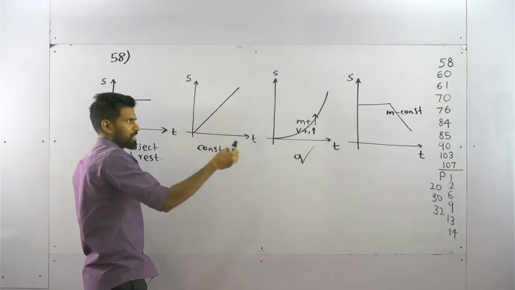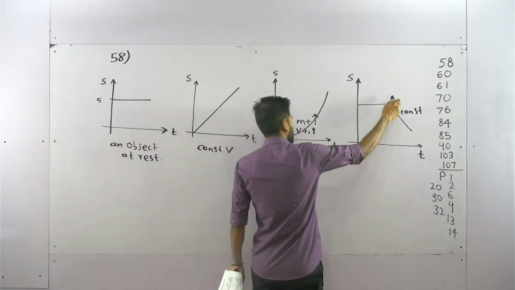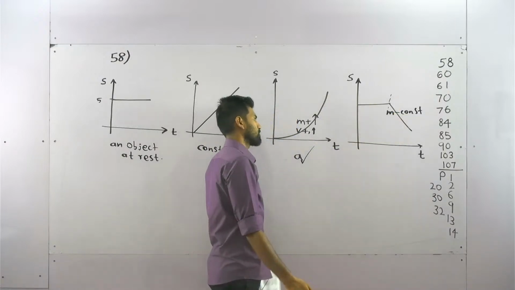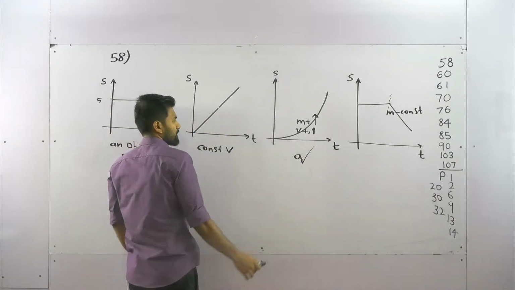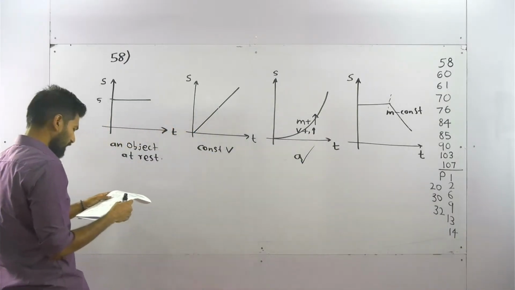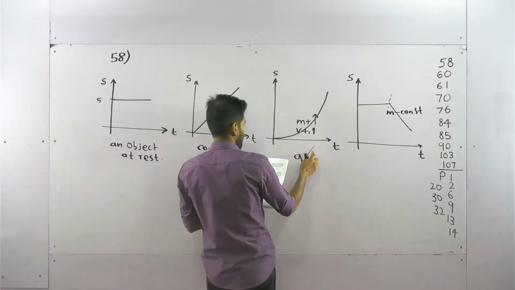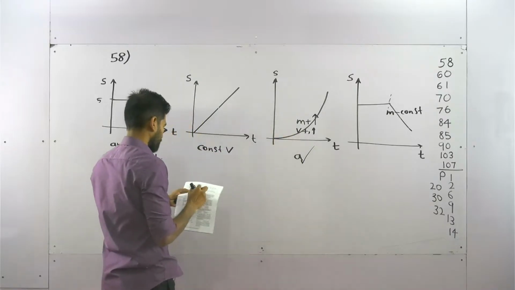That's why the gradient is negative with a constant value, which means the velocity is constant. So it's also not accelerated motion, even this part. Here, initially it's at rest, so this is also not what we are looking for. So here, this is the one. The correct answer is answer C. This is where you can see acceleration through this displacement time curve.